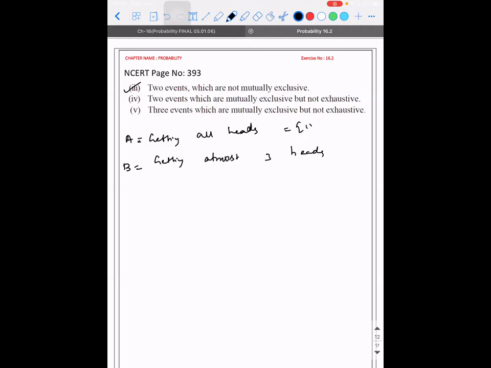Getting 3 heads is head, head, head. When I say getting at most 3 heads, then it's the whole sample space. So A and B will have head, head, head as common. So they are not mutually exclusive.